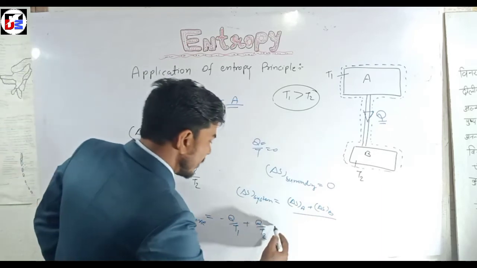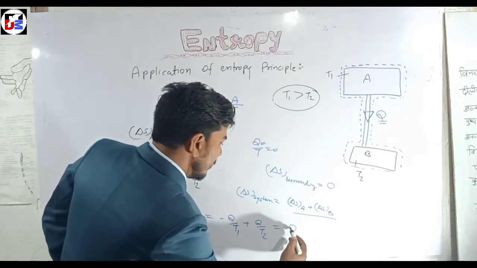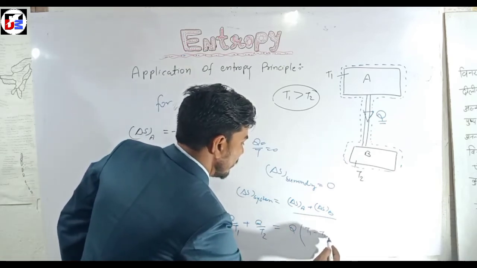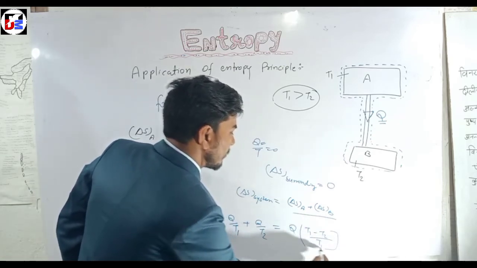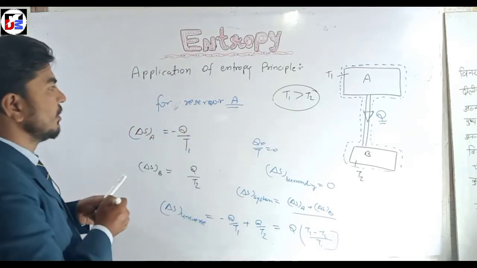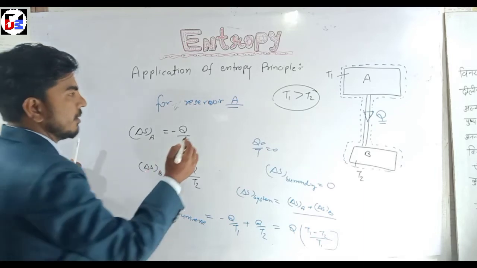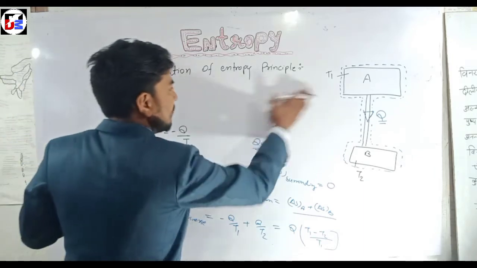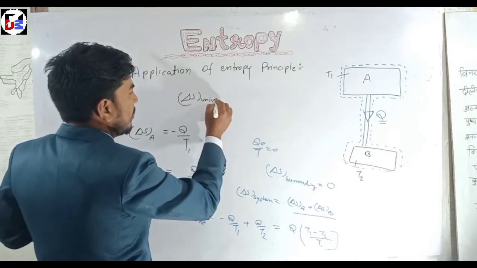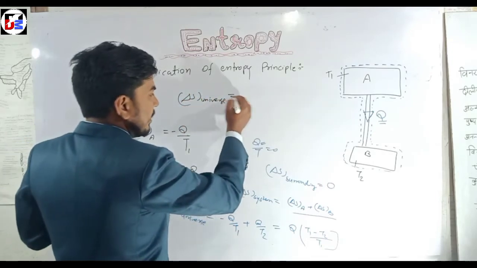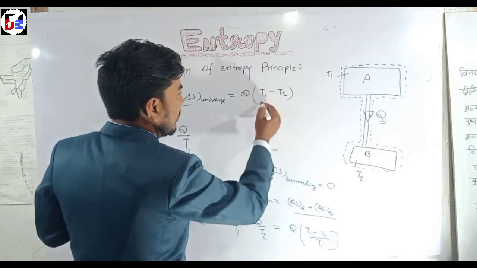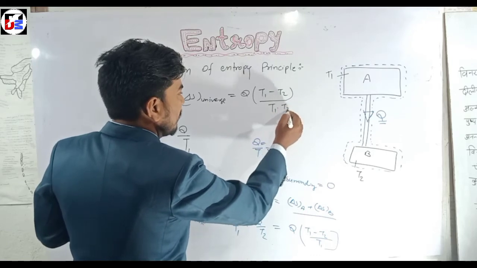Solve this: Q times (T1 minus T2) upon T1 T2. This is the result. That means we can write delta S universe is equal to Q (T1 minus T2) upon T1 into T2.